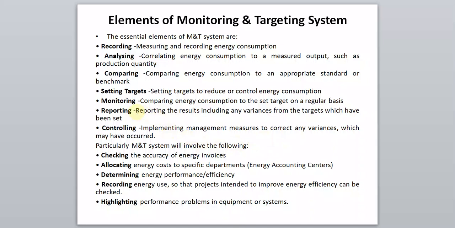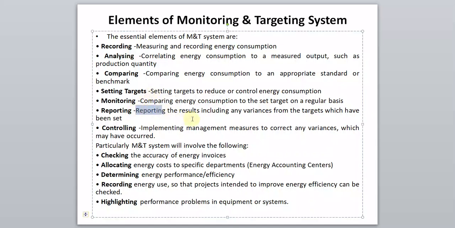First of all, we report the results from monitoring, comparing, analyzing and recording, after setting targets. If the error is 0.1, 0.2, 1, 2, 3, 4, in numbers, then you have to report it to the higher authorities. It should include the variances from the targets which have been set.